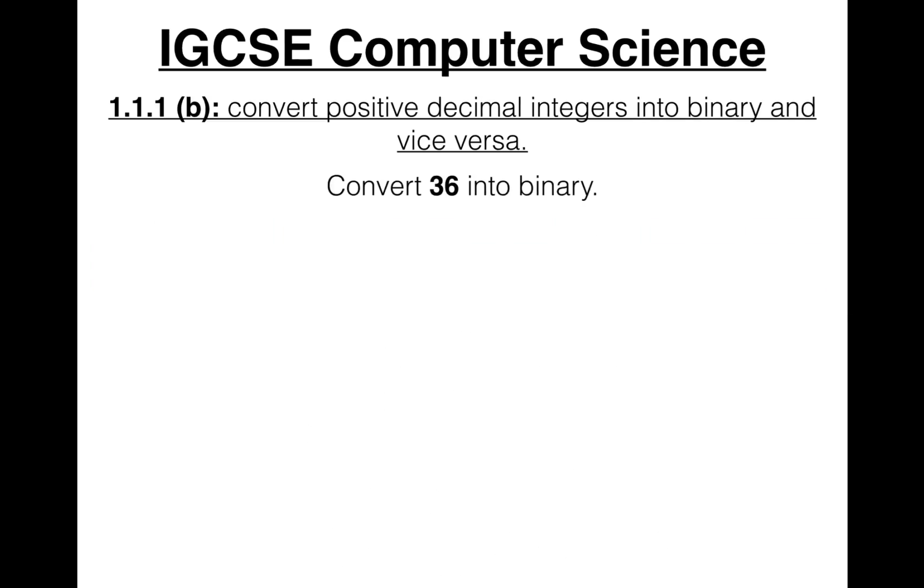Let's try the second method, using the same number to prove that it works. This is the division by 2 method, so we get the remainder. Now we know that with the number 2, the remainder can only be 0 and 1.